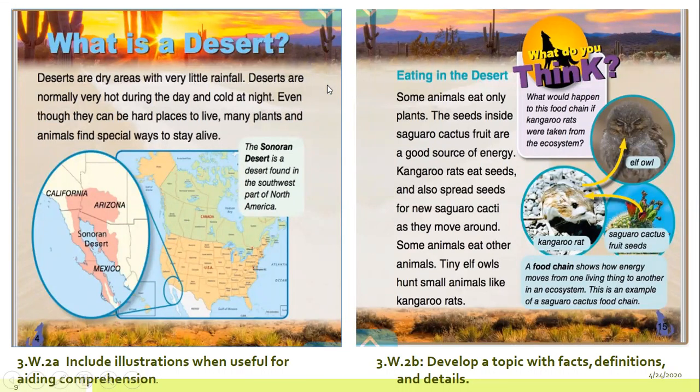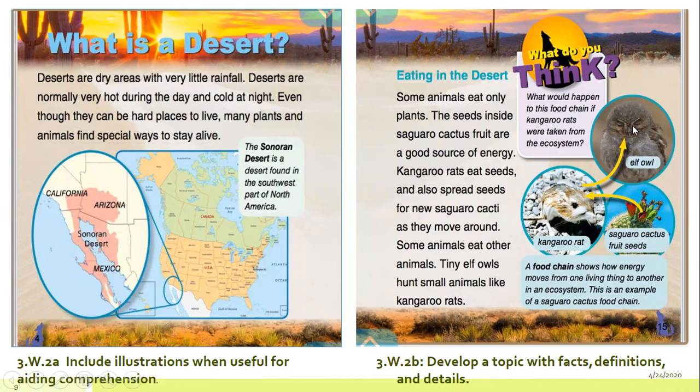What is the desert? Well, they gave the definition, but they wanted the reader to make sure they knew exactly where this desert was. So they put a map, then they enlarged it so you could see exactly where. That follows our standard: include illustrations when useful for aiding comprehension. Now, sometimes you're going to have more facts and definitions and details in your illustrations.